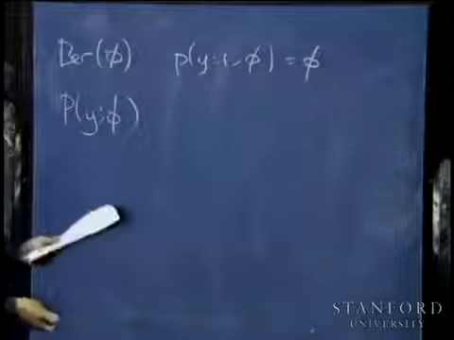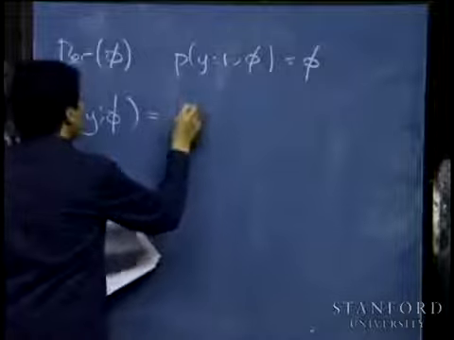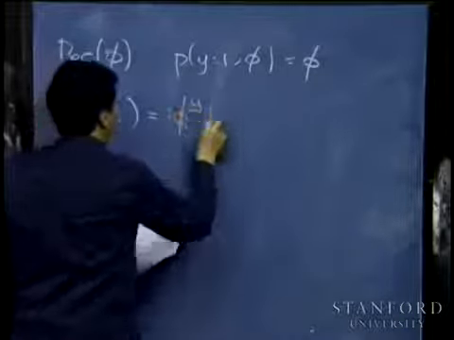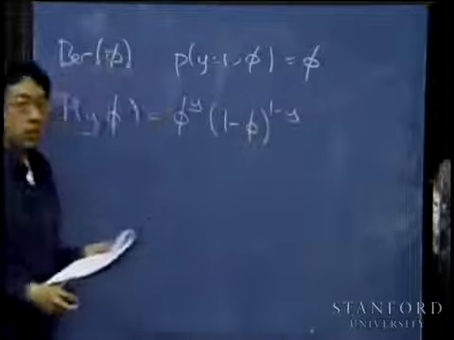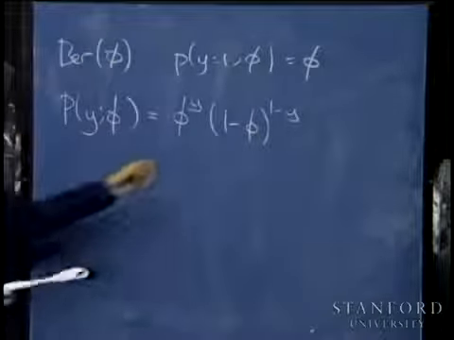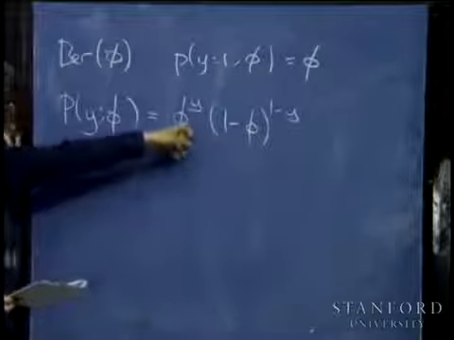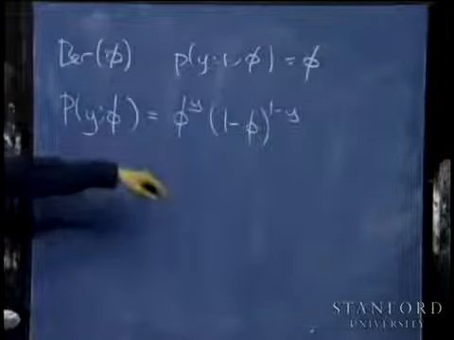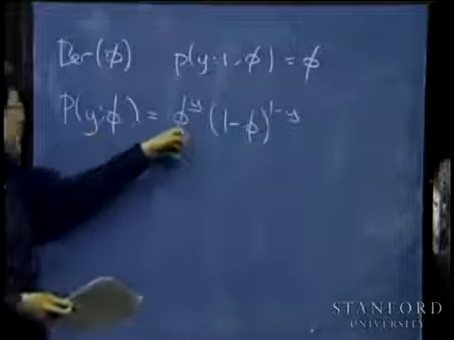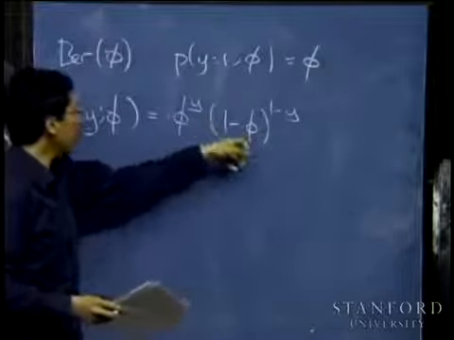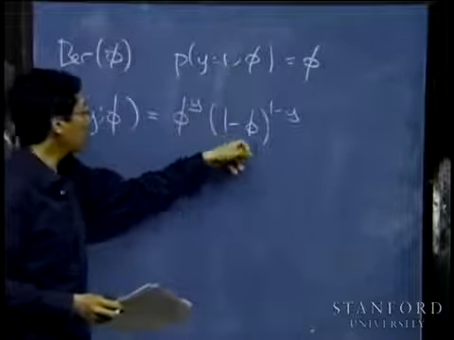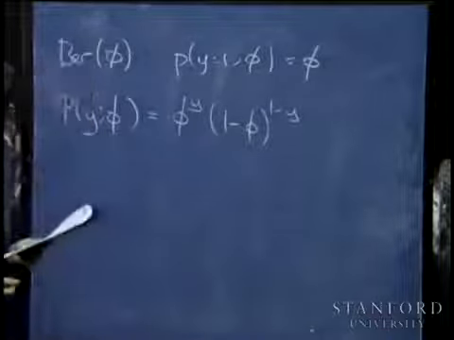The probability of y parameterized by phi is equal to that. You already saw a similar exponential notation when we talked about logistic regression. The probability of y being 1 is phi. The probability of y being 0 is 1 minus phi. So we can write this compactly as phi to the y times 1 minus phi to the 1 minus y.